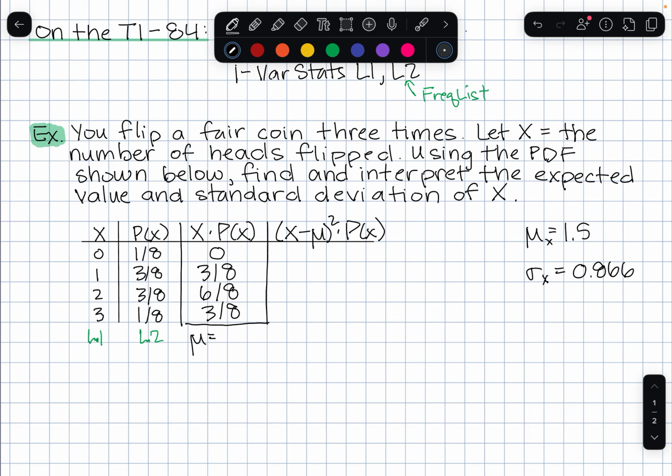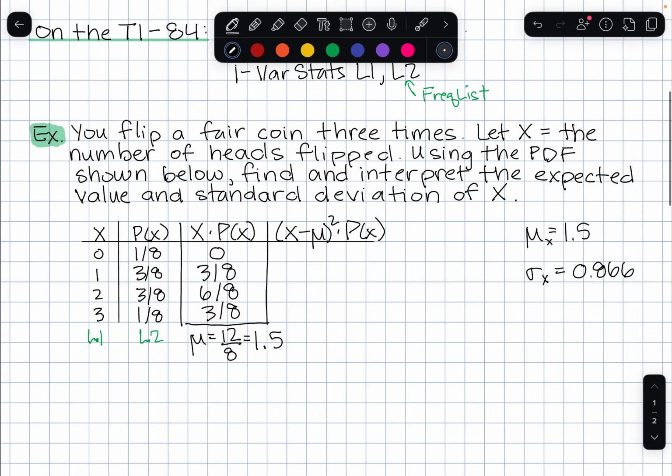So 3 plus 6 is 9, plus 3 is 12. So this is 12/8. And I know that 8 goes into 12 one time and leaves 4 left over. And 4 over 8 is 1 over 2. So this is 1.5, which is good news.